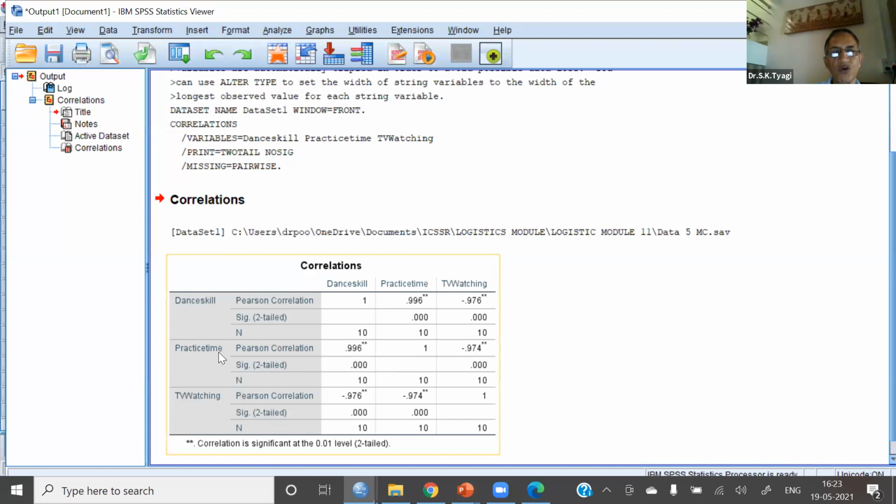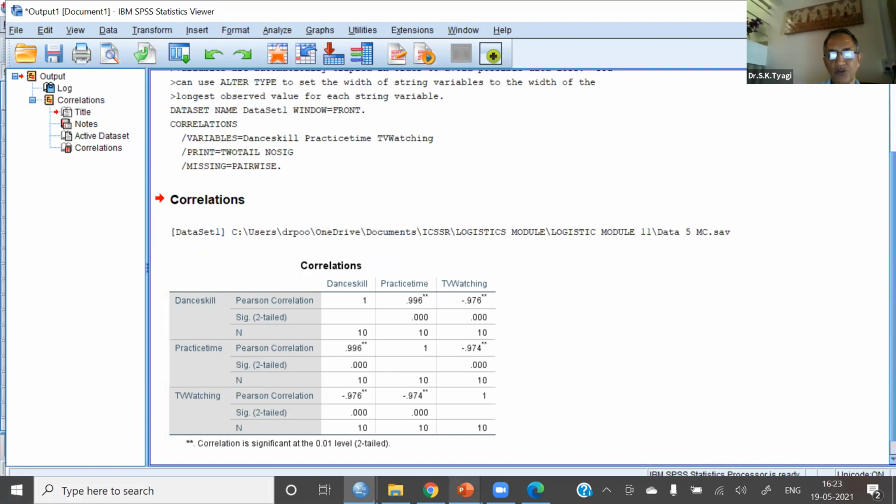Third is the correlation between practice time and TV watching, minus 0.974. So there are basically 3 correlations and all 3 are above 0.9. Therefore, they are too highly correlated. There is a problem of multicollinearity.